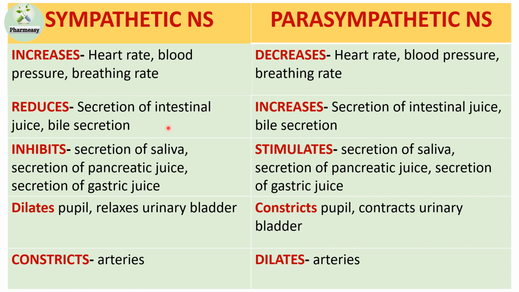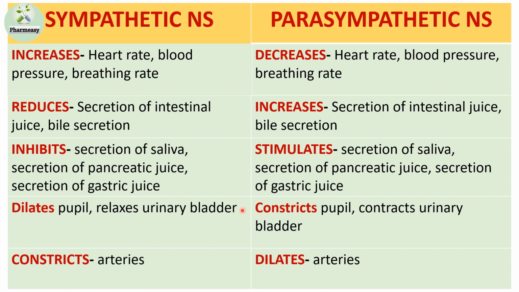Intestinal juice and bile juice secretion is reduced. And in this, intestinal juice and bile juice secretion is increased. It inhibits the secretion of saliva, pancreatic juice, and gastric juice. And it stimulates the secretion of saliva, pancreatic juice, and gastric juice.